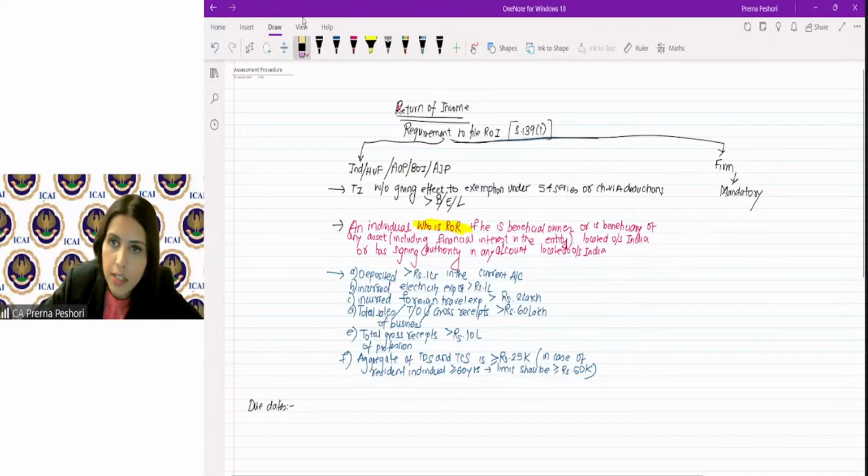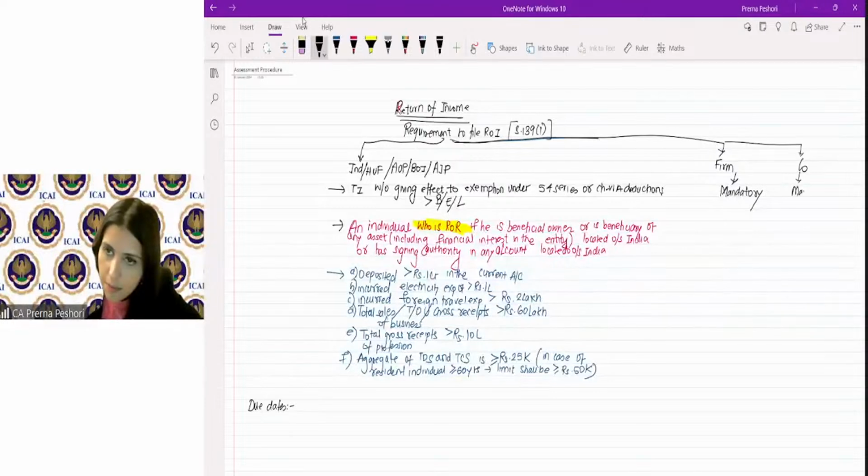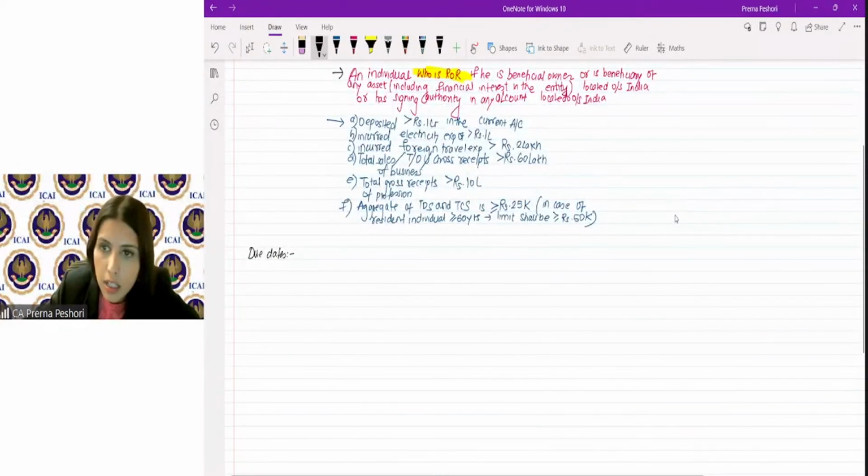I'll separate this so that I can write the due date separately. The due date is 31st October for a company. The due date of filing the return of income for the company is 31st October.